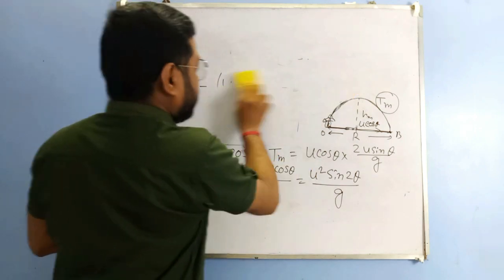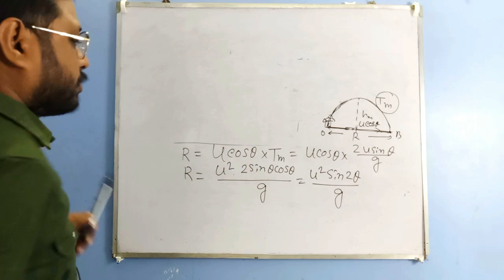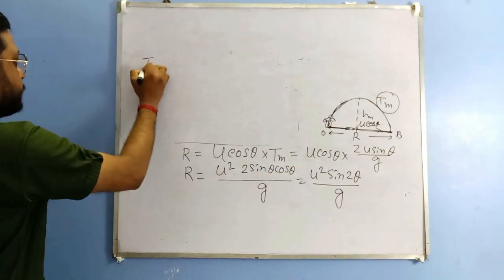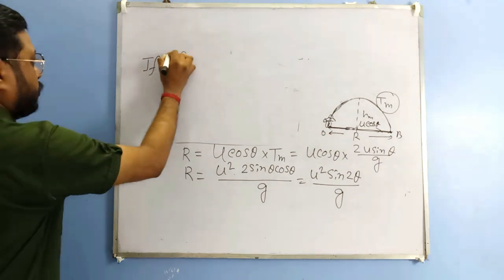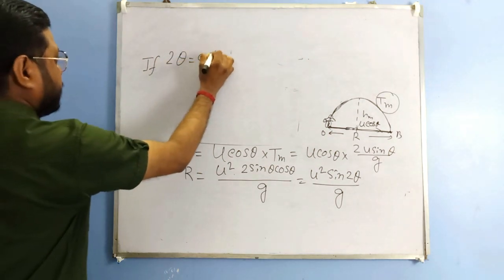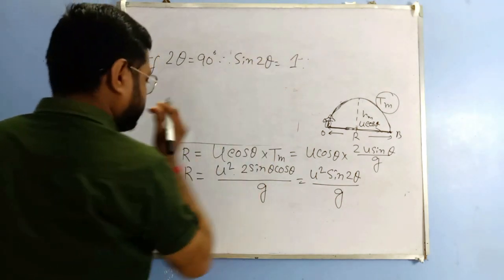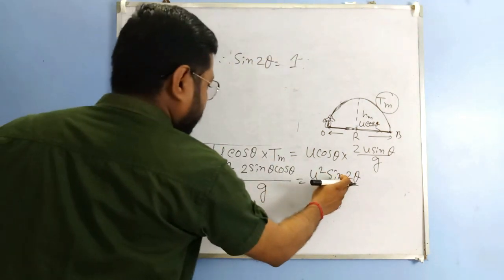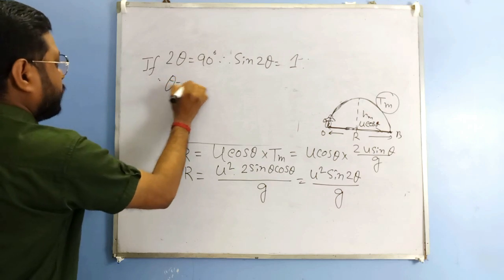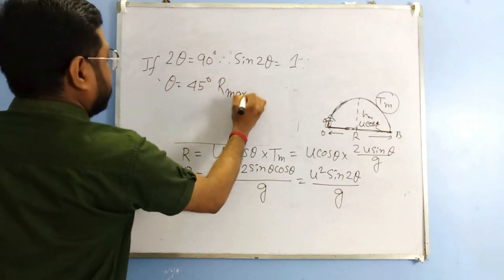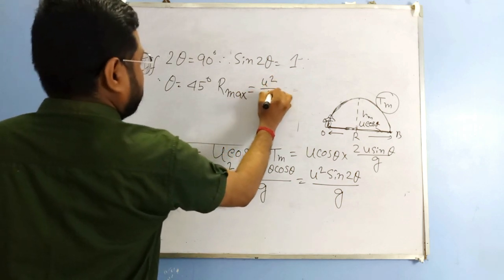Then what is the maximum range? What is the condition for maximum horizontal range? If 2 theta equal to 90 degree, then sine of 2 theta becomes 1, that is theta equal to 45 degree. Then range will be maximum, which is u square by g.